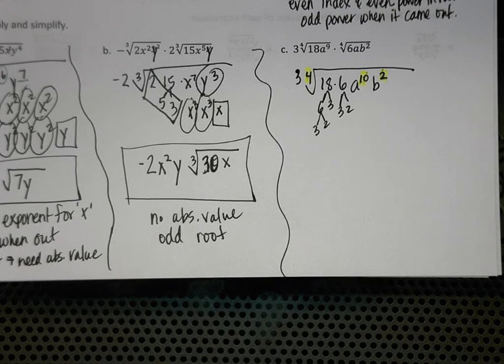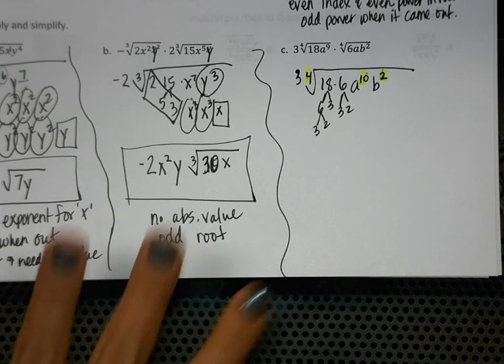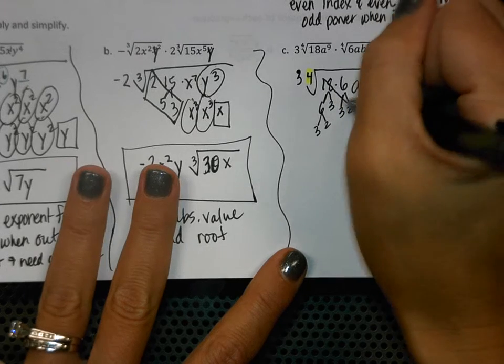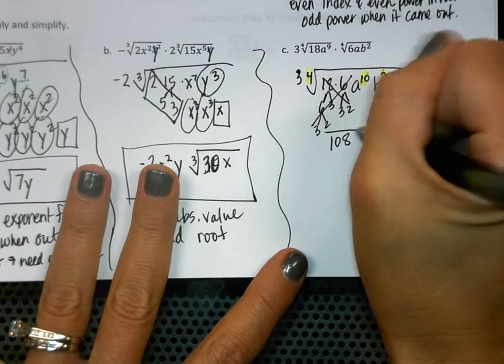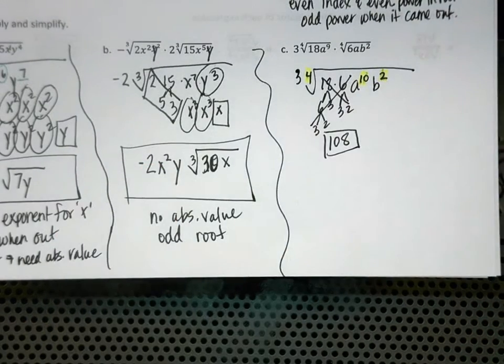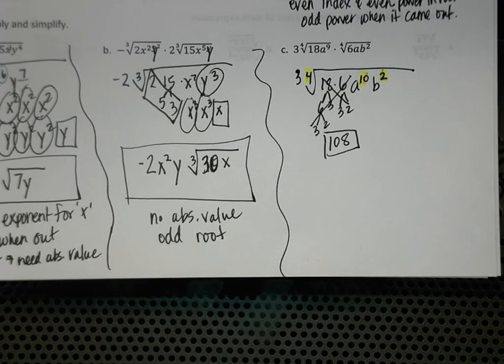And if you want to go back and just multiply, what is 18 times 6? It's 108. So I'm just going to cross this out and write 108 with a box. Because remember how last time we messed up with 15 and 30? It might be easier if you have a bunch of numbers left over, you just multiply them together and put it there. Okay, how will I break up A to the 10th?